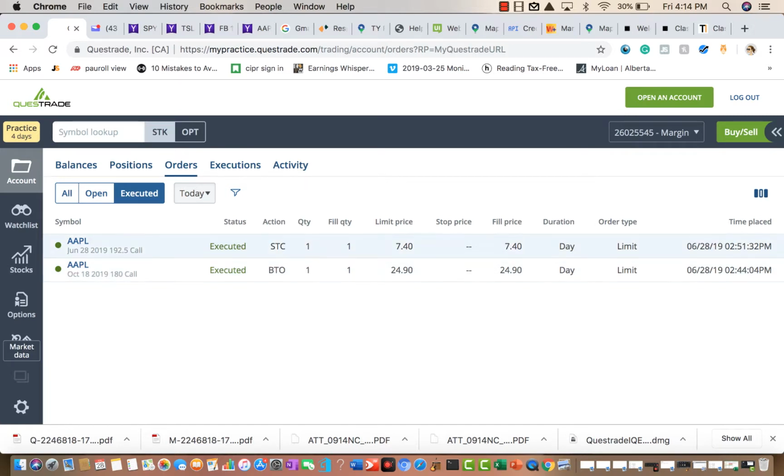Duration day. All right, so when you're placing a limit order, you can choose different durations. You can put good till cancel, day limit. What day limit means is that you're telling your broker, okay, I'm willing to enter Apple, to put this trade together and pay this amount for today.